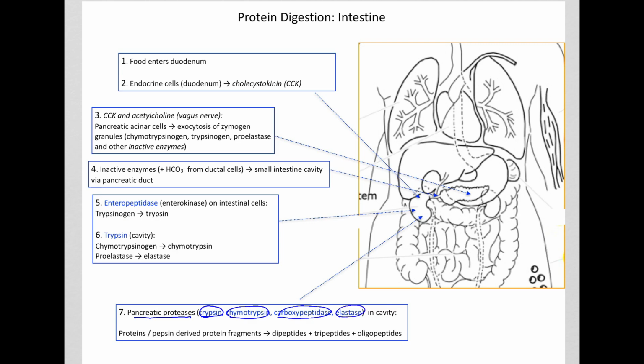These active enzymes will now break down all the proteins, as well as the pepsin-derived protein fragments, that are present in the small intestinal cavity. So all of these proteins will be broken down into dipeptides as well as tripeptides and some oligopeptides.